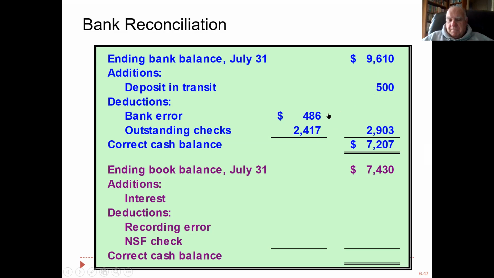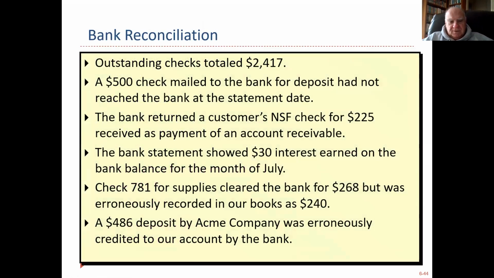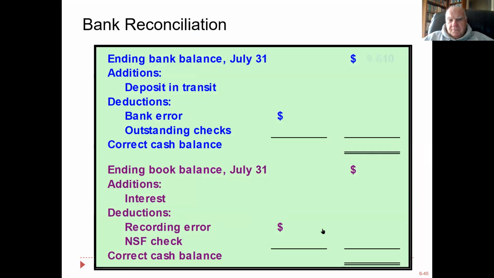Now here, the bank made an error in this example, which is kind of absurd. Well, it can happen, I guess. A $486 deposit by the Acme company ended up in our company. We're the Simmons company. It's not like we're the Acme 2 company. So we looked at our bank statement, and holy cow, what is this $486 here?